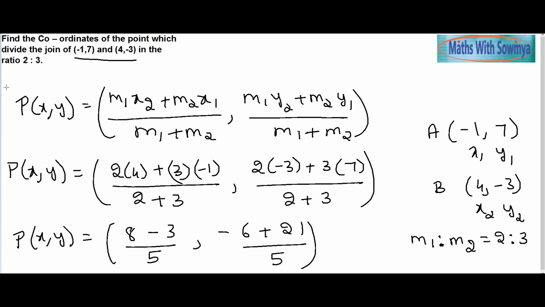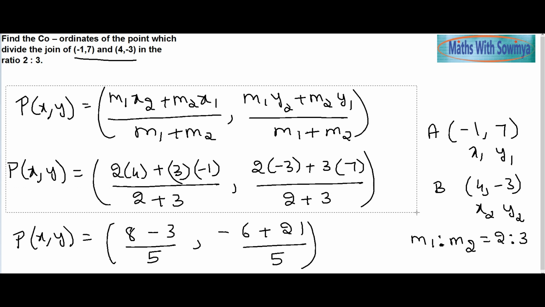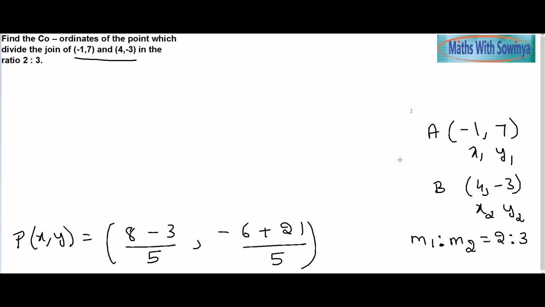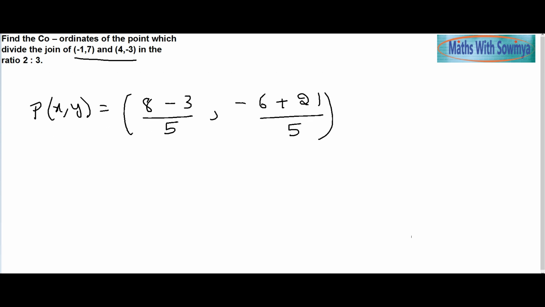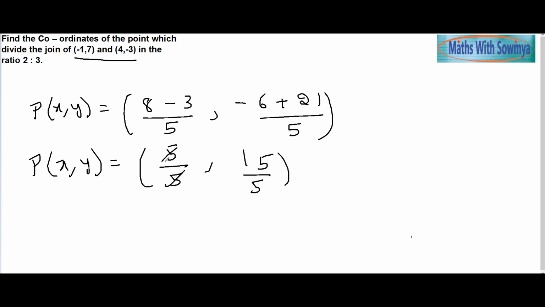So P(x, y) will give you 5 by 5, that is 1, and 21 minus 6 is 15, so 15 by 5 gives you 3.